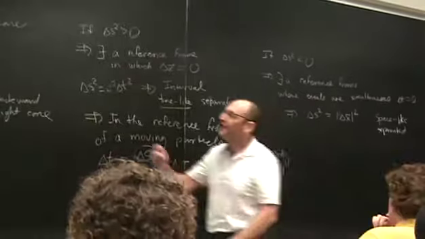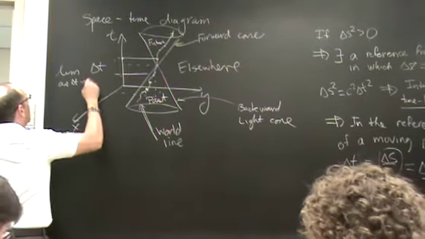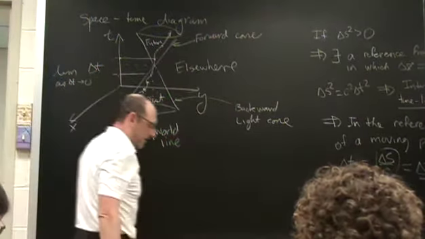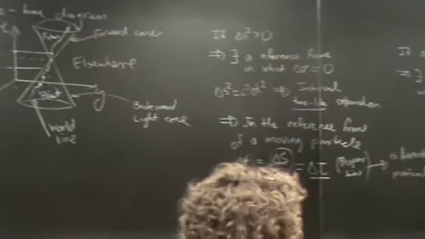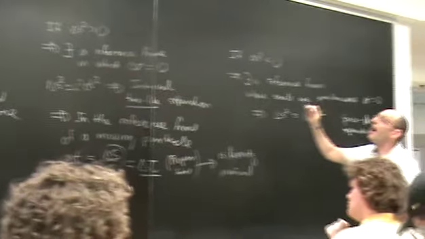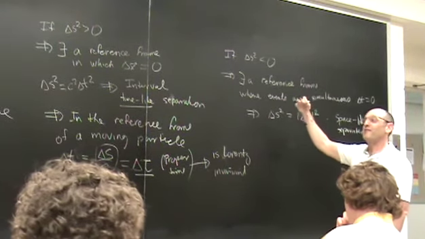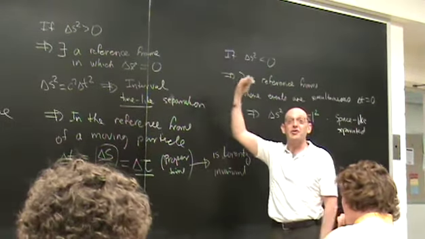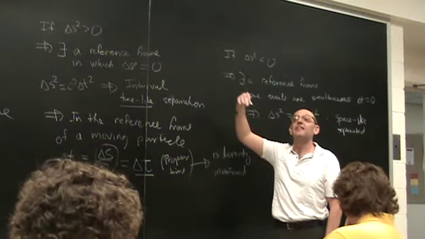Let's take the limit as delta t goes to 0. Otherwise, I'd have to worry about the fact that the velocity could be changing. Because, of course, at every instant of time, I need to boost into a different reference frame to be in the instantaneous rest frame of the particle, unless the particle is moving at a constant speed.